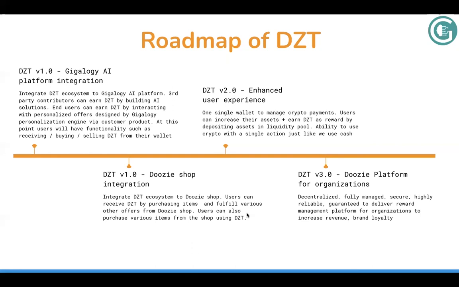So that's what we intend to do. We have plans to lock our Doozie token issuer account. And once that is done, we cannot issue any more tokens, even if we want to. So it's a limited supply token. Straightforward answer.